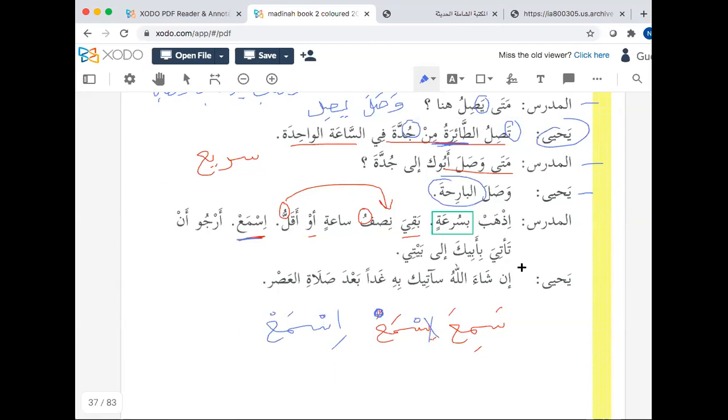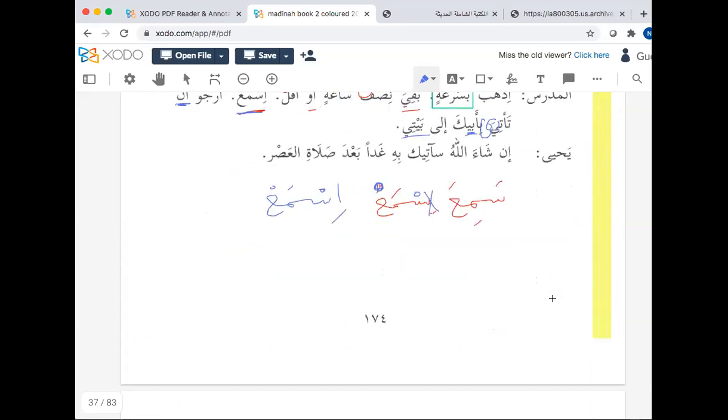Arju an ta'tiya. That fatha is because of an and nasiba, and ta'tiya bi harfu jar abika, majrurun bil ya, bi abika ila bayti. Yahya said, Inshallah.